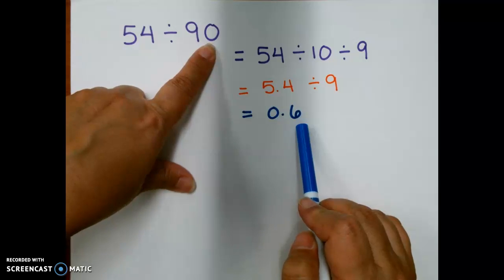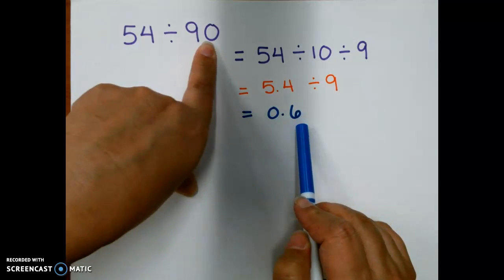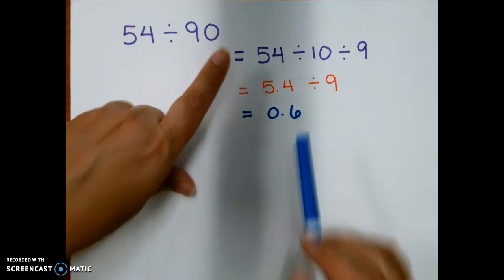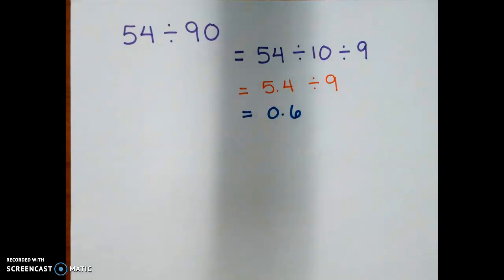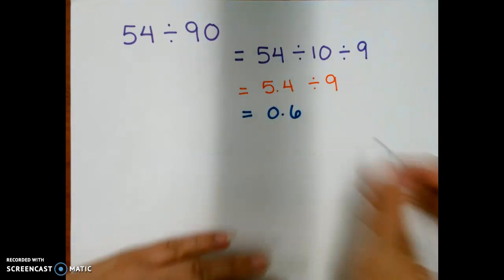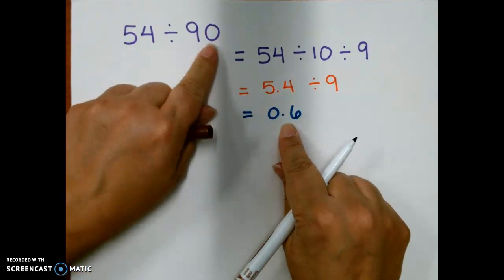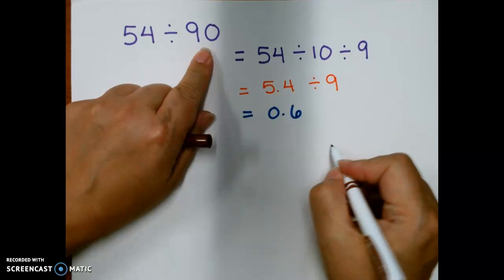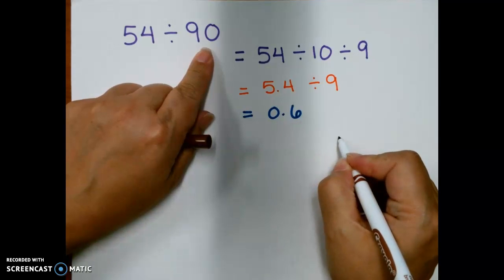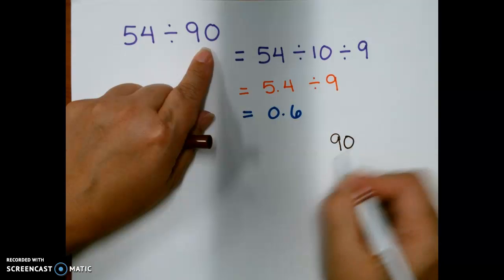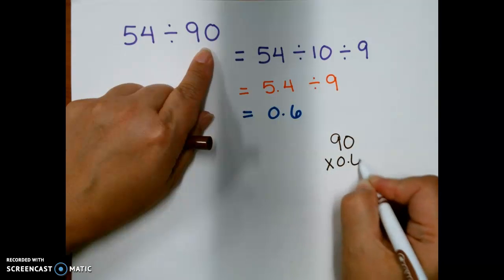Now, how do I check a division problem? To check and make sure that I did it right, I would multiply my quotient by my divisor. So 90 times 6 tenths.